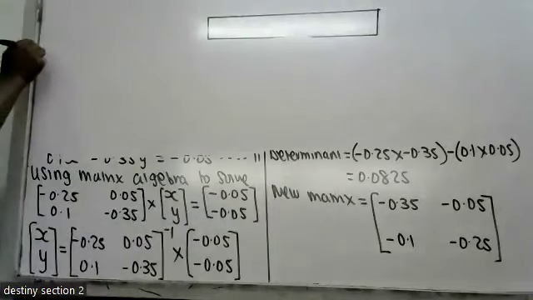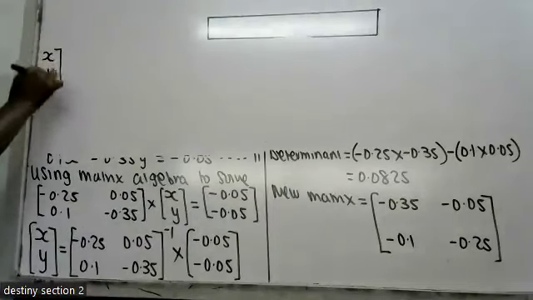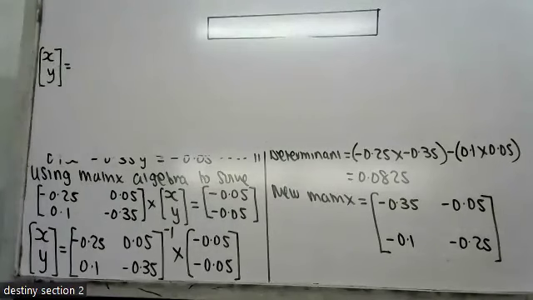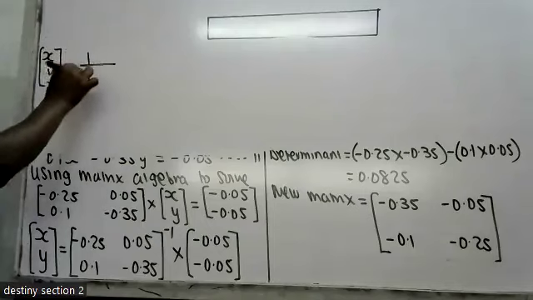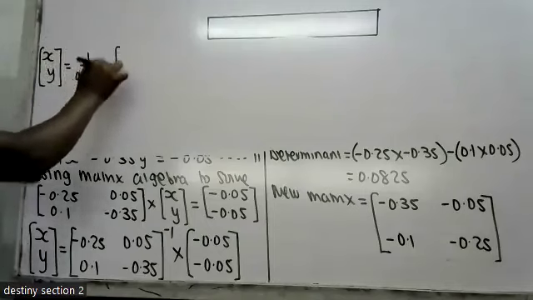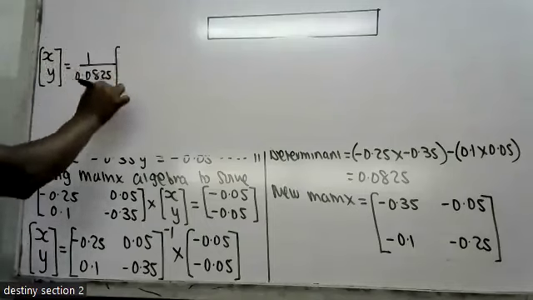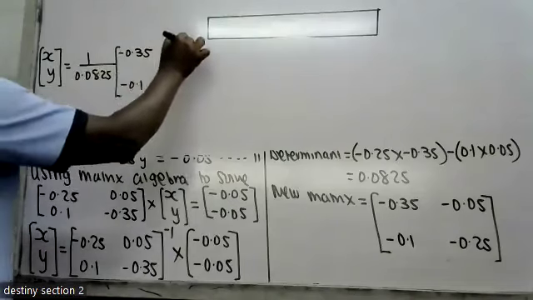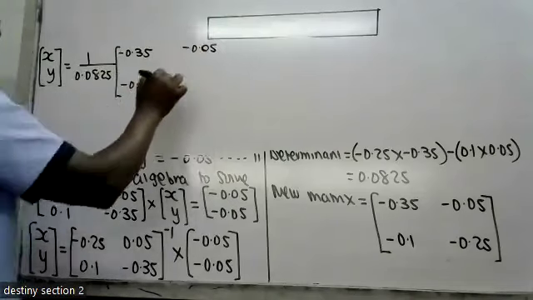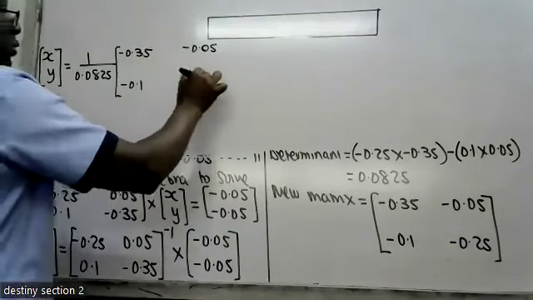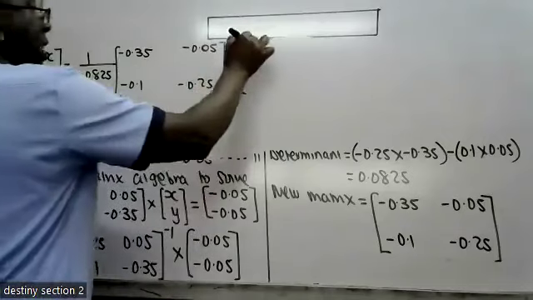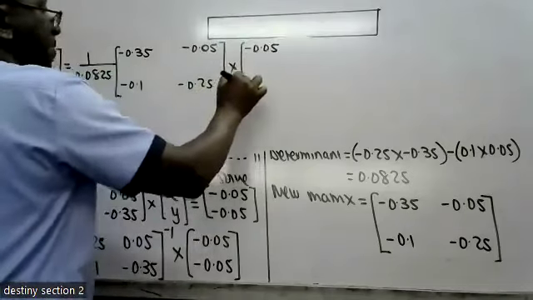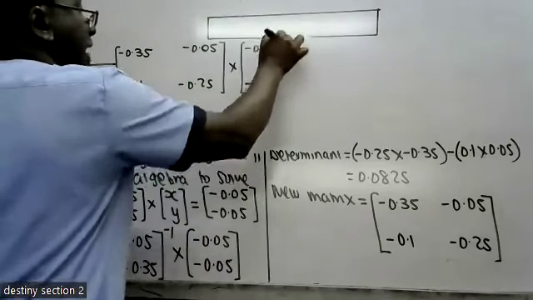So this one proceeds to become xy is equal to 1 out of 0.0825. The new matrix is minus 0.35, minus 0.1, minus 0.05, and minus 0.25. You are multiplying minus 0.05, minus 0.05.